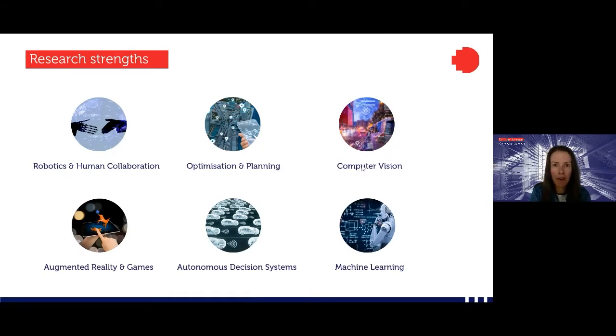A further point to make on that is the research strengths in artificial intelligence at RMIT, or in computer science and its specialisms. What I've got on the slide here are the areas of interest, loose groupings of academic researchers, I suppose, in different areas and research strengths within CS. So I'll go through a bit of each of those. One of those is this general area of robotics and human collaboration.